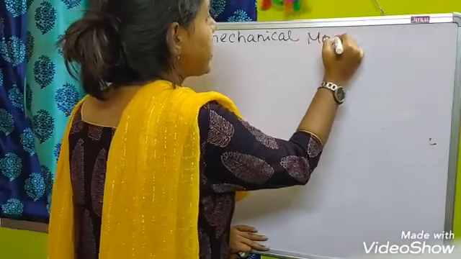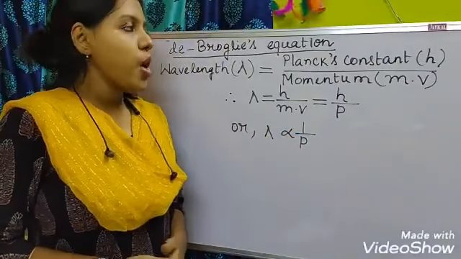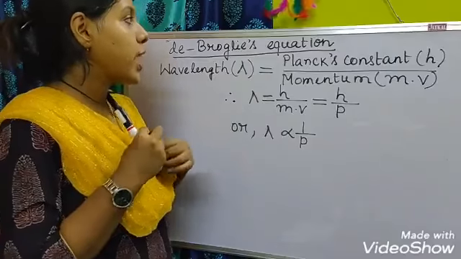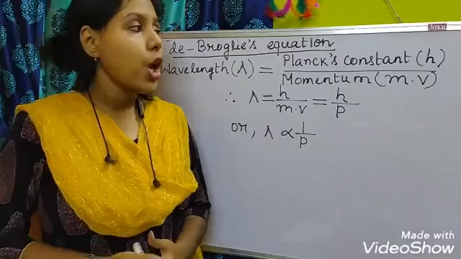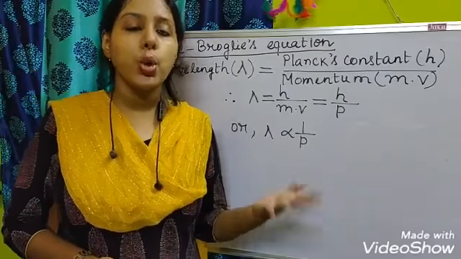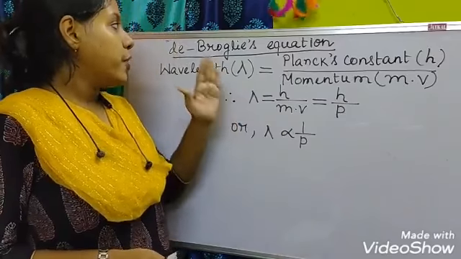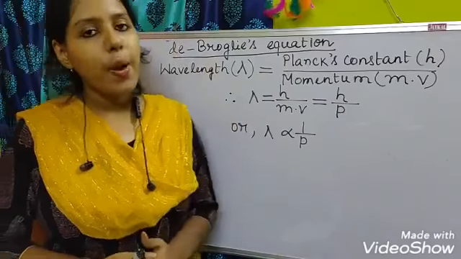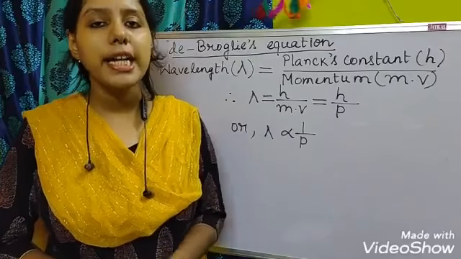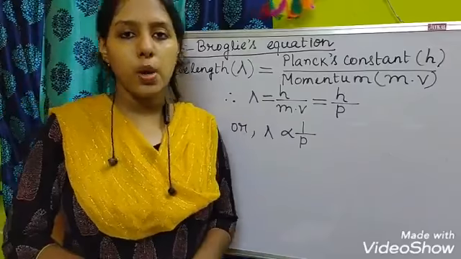So in the wave mechanical model of the atom we can see two concepts. The first one is de Broglie's equation and the second one is Heisenberg's uncertainty principle. First we will discuss de Broglie's equation.